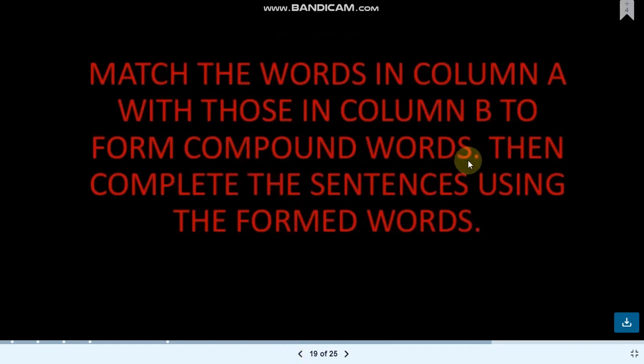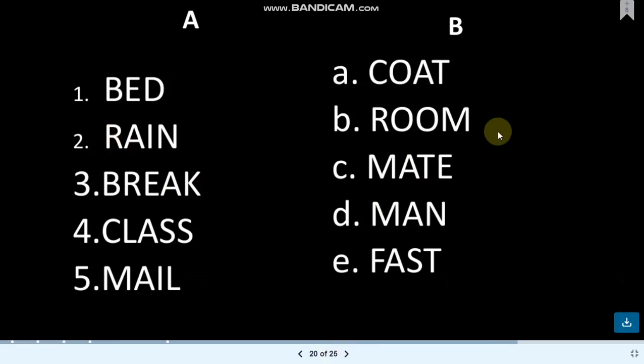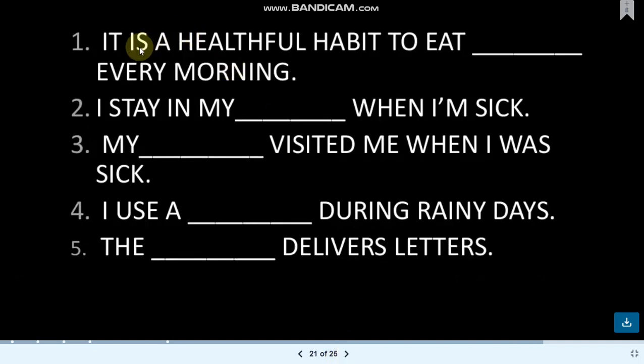Now, the next task, we are going to complete the sentences using the formed words we had here. Okay? So, we are done here. We've formed new words. Now, we're going to use them to fill in these sentences. So, I'll be giving you 5 minutes to read the sentences and fill in the correct compound words.